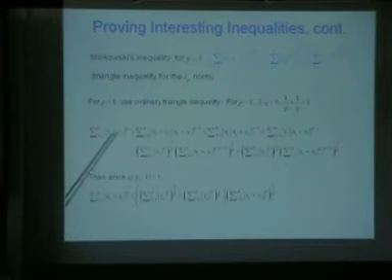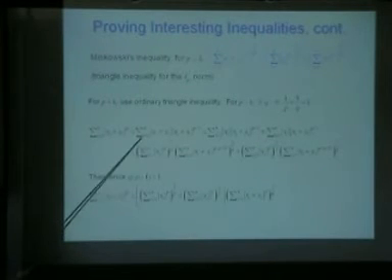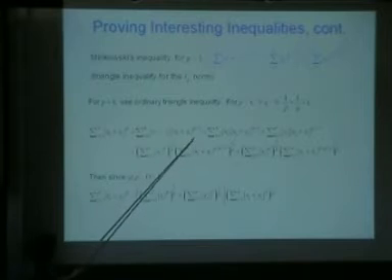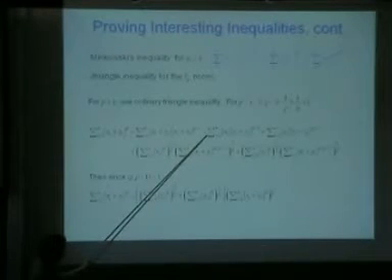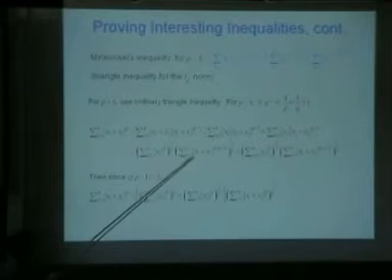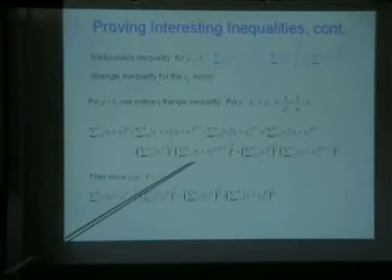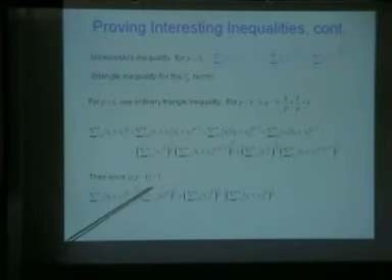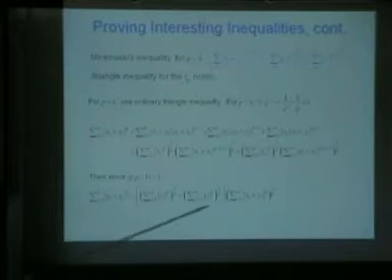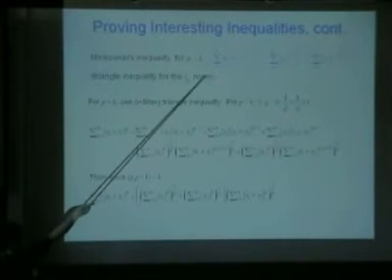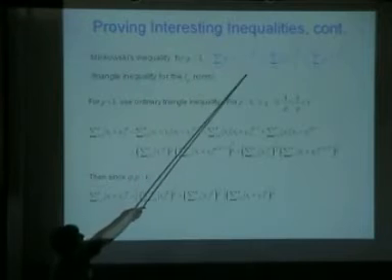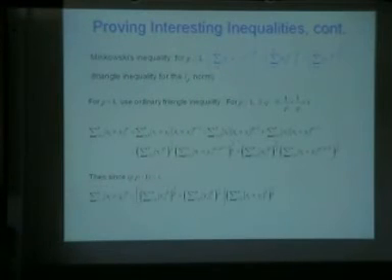So let's prove this. Take one of these out to the side, then use Hölder's inequality here. And then I'm just going to use this fact to get this, divide both sides by this, and get that. So you can check if it's correct.